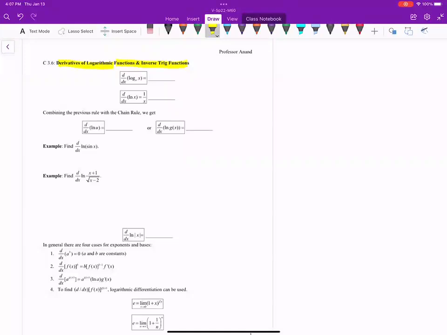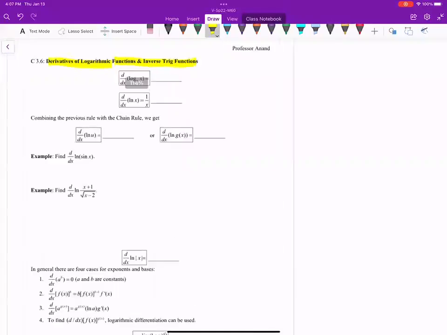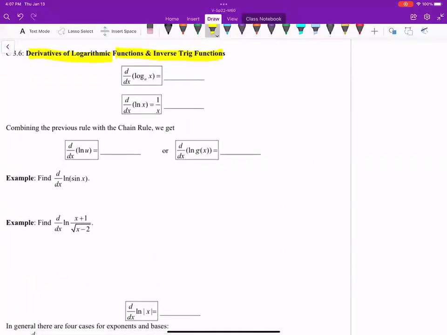So the derivative of log of x to the base a, where a is a constant: the rule is it's 1 over x ln of a. Therefore, what is d by dx of ln of x? ln x means the base is e, Euler's constant.